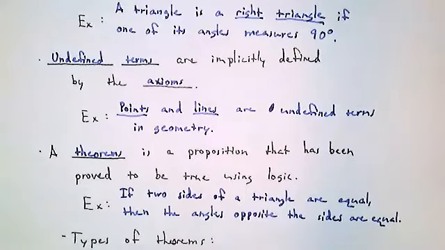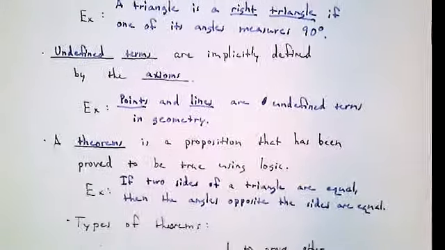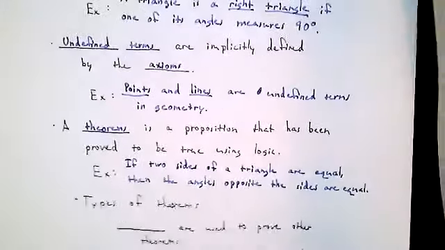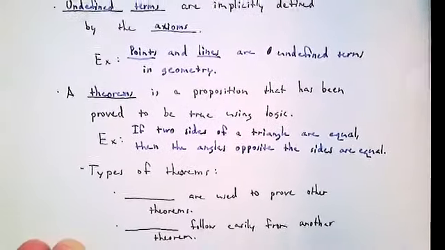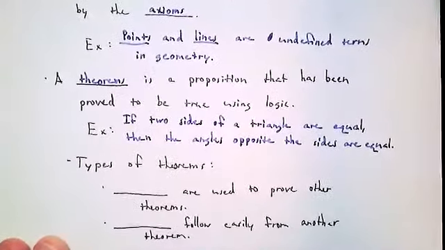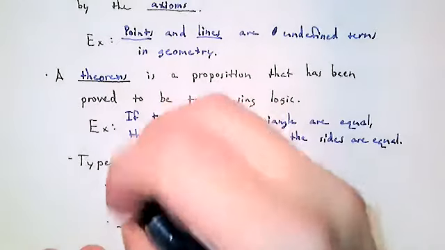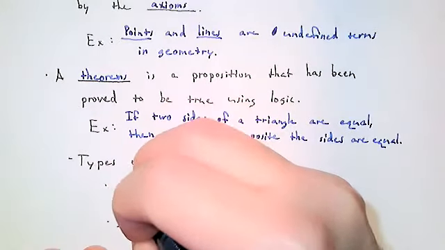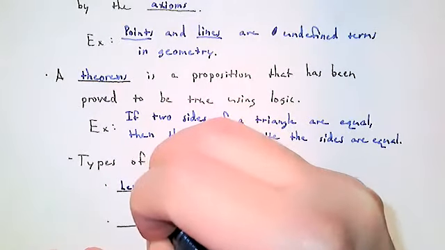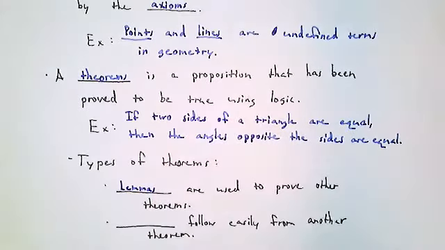And then there's two types of theorems. These are also theorems, but sometimes they get special names. You might have seen the word lemma or the word corollary. Lemmas are usually simple theorems that are useful to prove other theorems.